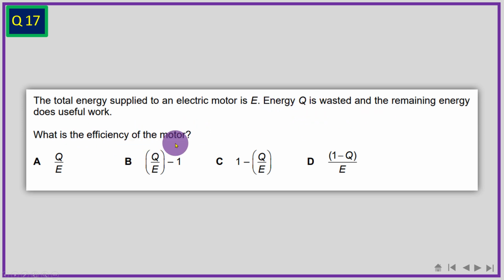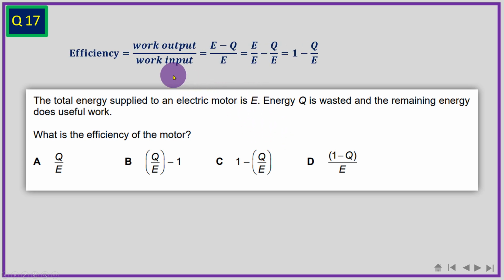How do we calculate efficiency? It is work output over the work input. The work output is E minus Q, because remember, energy Q is wasted, which means the useful work done is E minus what is wasted. And then efficiency is the ratio of the useful work done to the energy input.